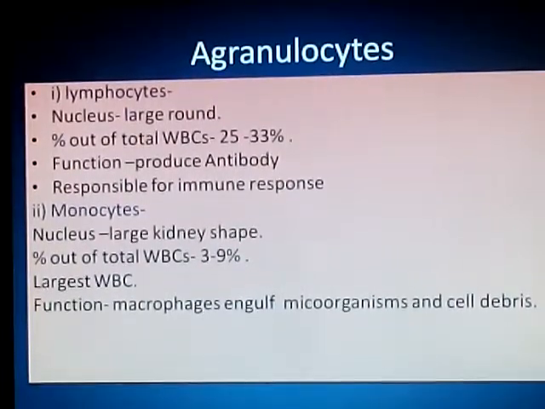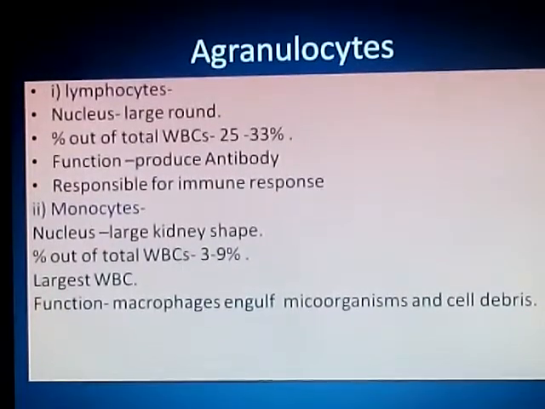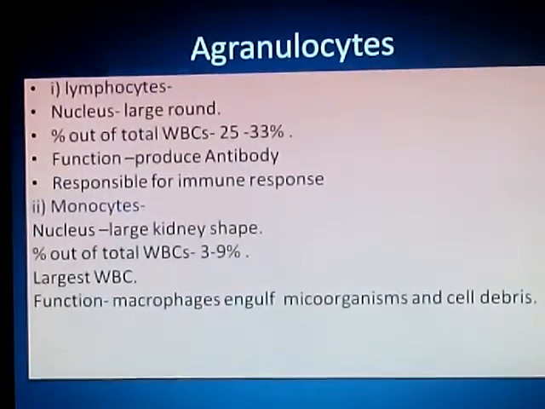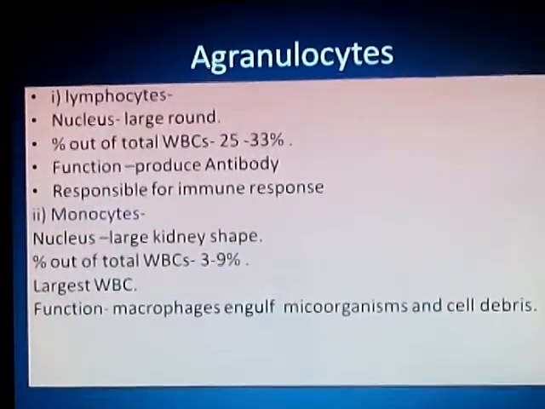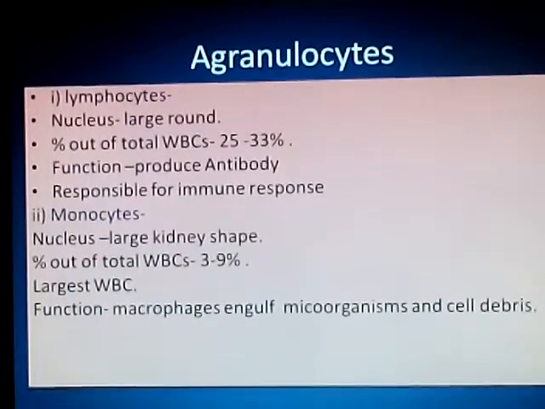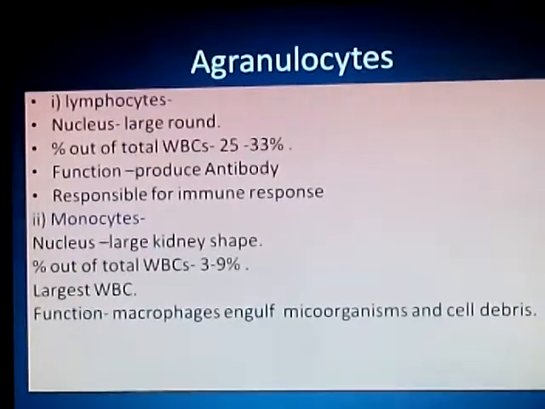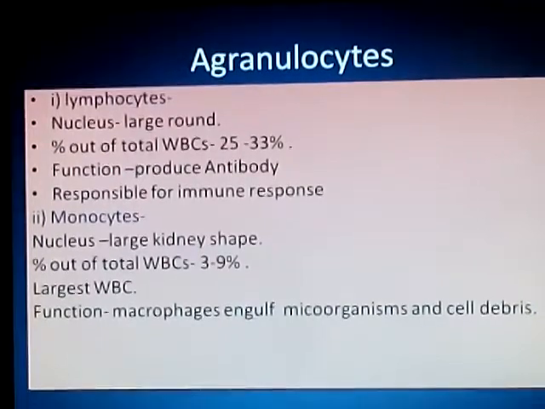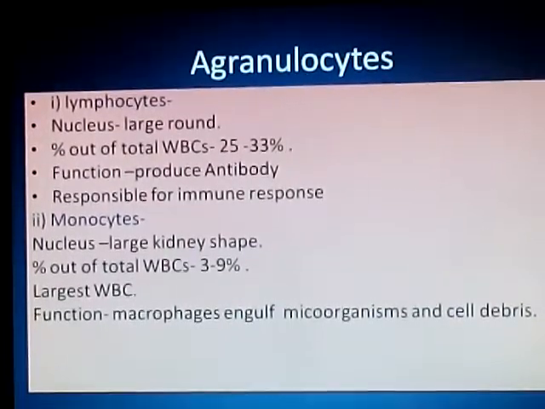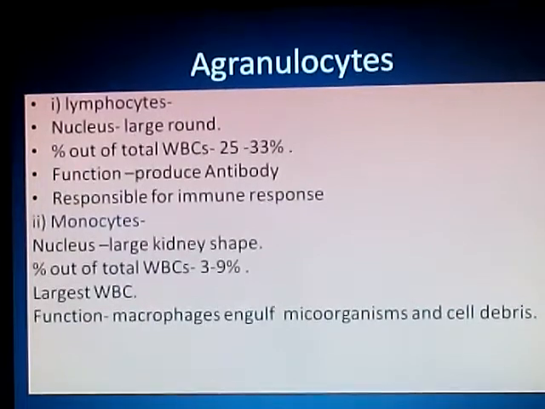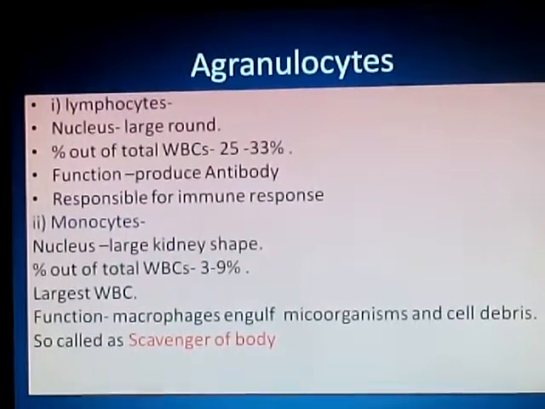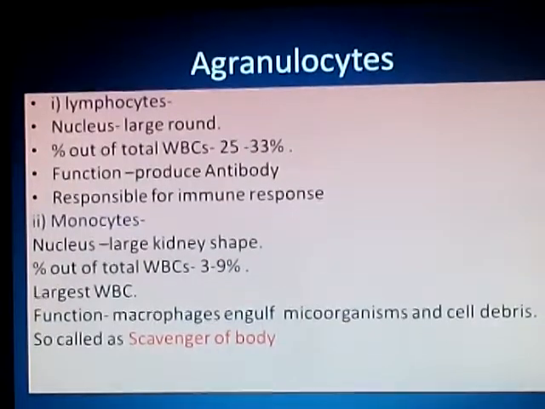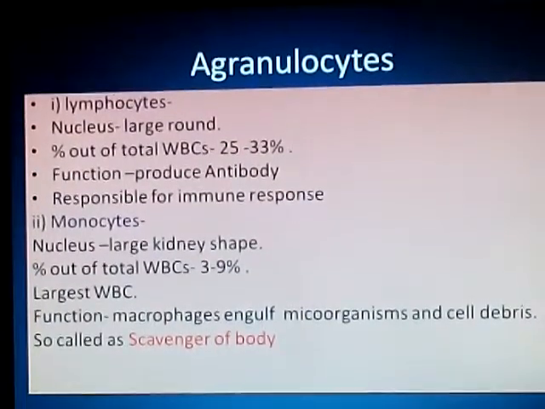Due to the removal of cell debris, it helps the reformation of cells at the site of the wound, which helps fast healing of the wound. As macrophages remove cell debris and dead cells from the body, they are also called the scavenger of the body.